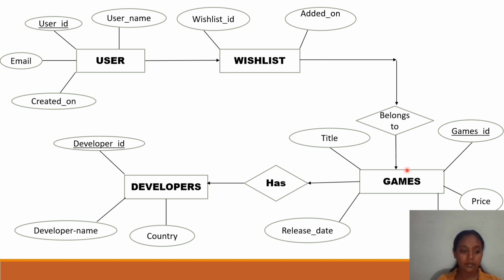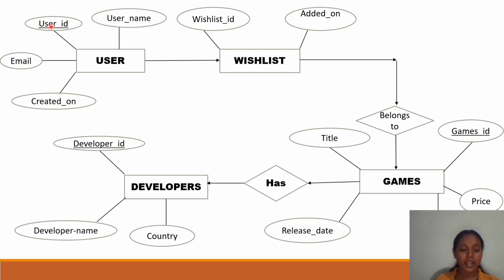Games are connected to the wishlist: a game can be added to many users' wishlists, but each wishlist entry corresponds to only one game. Games have developers: each game is developed by a single developer, but a developer can have multiple games.